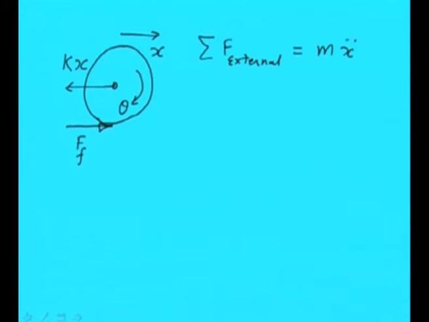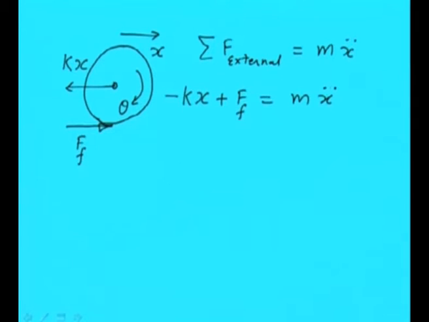So what are the external forces? The spring force and the friction force, and you can see that the displacement direction x is toward the right side, but the spring force is in the negative direction. So this will be a negative quantity. Friction force is acting in the same direction as x, and this should be equal to the inertia of the system.